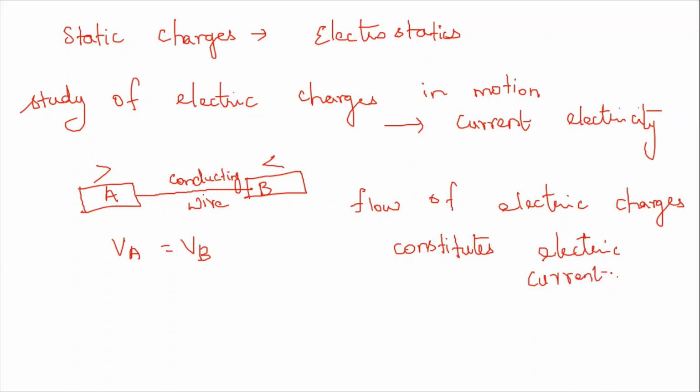So now, how do we define current? In simple terms, whatever you have learned in grade 10: current is the flow of electric charges through a conductor. You would have studied that I is equal to Q upon T.